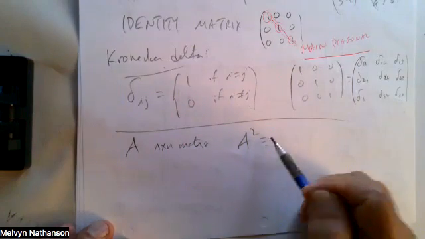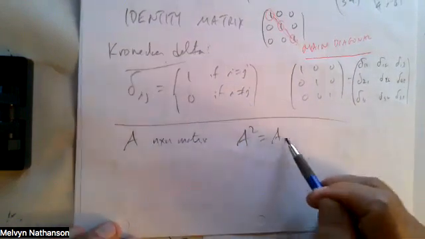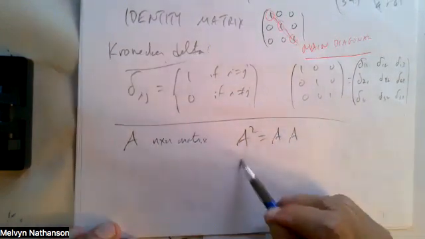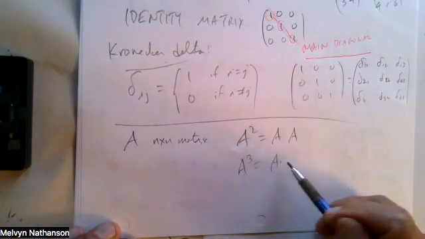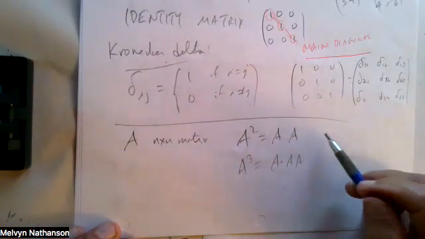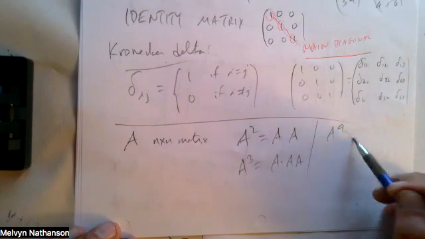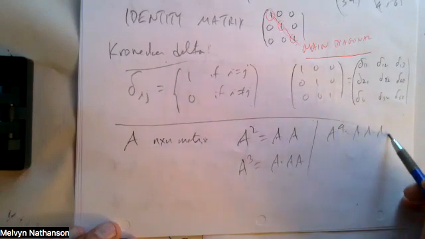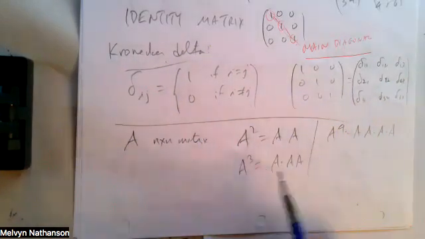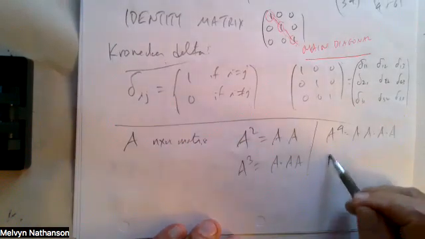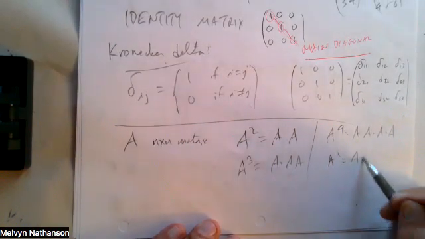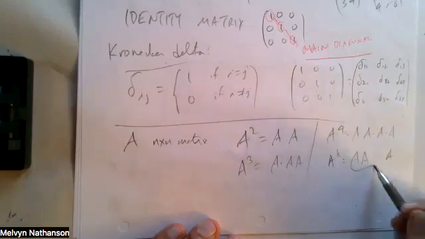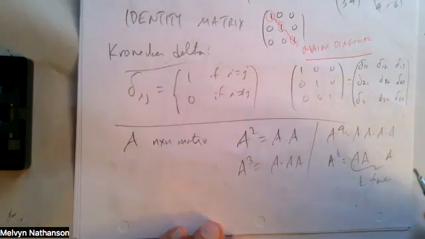Then A squared means exactly what you think it should mean, A times A. And A cubed is A times A times A. And A to the fourth power is A times A times A times A. If A is n by n, all of these powers are defined in general. A to the k, you multiply A by itself k times.